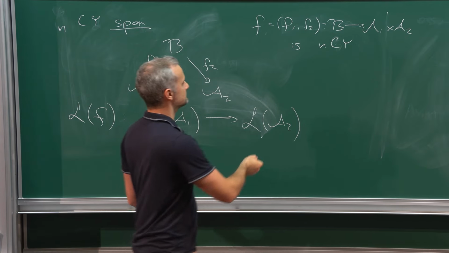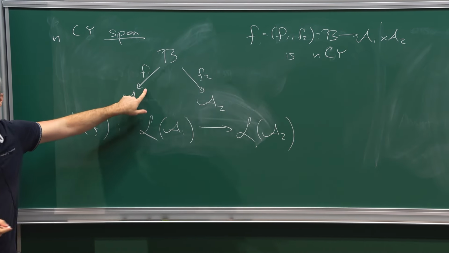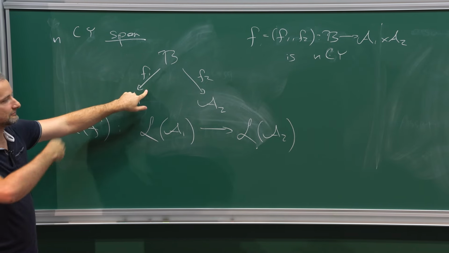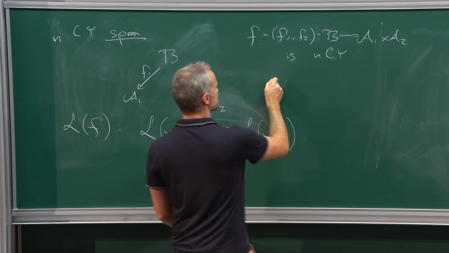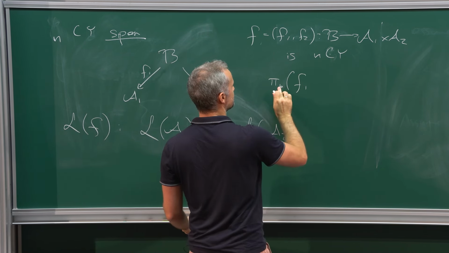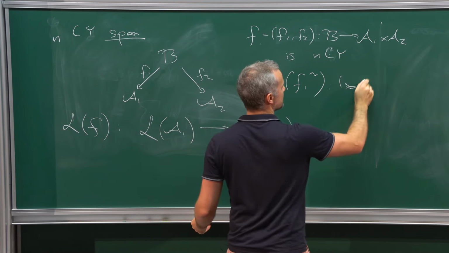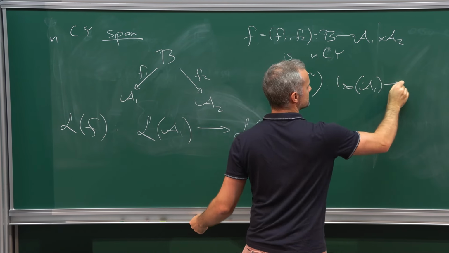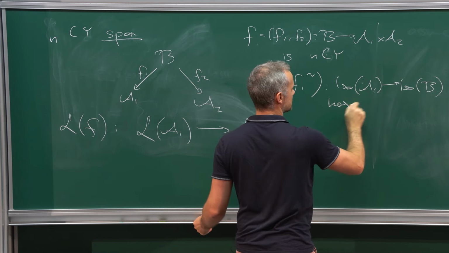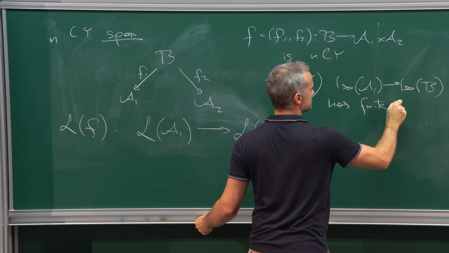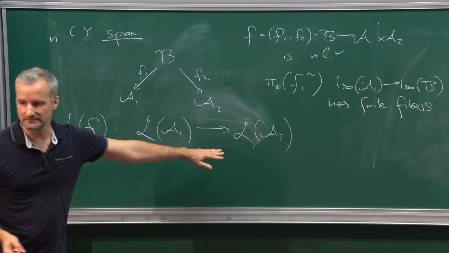Supposing the induced functor F1 has finite fibers on the set of isomorphism classes, so pi 0 of F1 tilde from iso A1 to iso B has finite fibers, then you get a well-defined map like this.